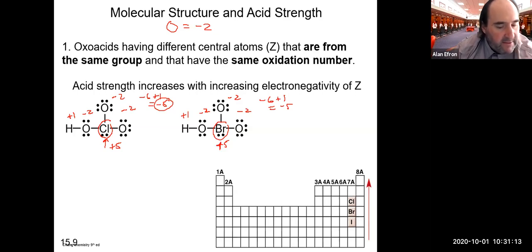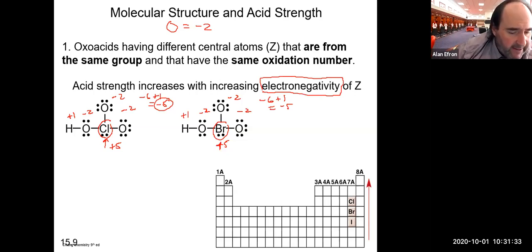So in this particular type of acid that has oxygen, we have two different central atoms, but they both have the same oxidation number. In that case, if they're in the same group, the overwhelming thing we should look at is the electronegativity of the central atom. In comparison of chlorine to bromine, chlorine is higher up on the periodic table, which means chlorine is more electronegative, right? Most electronegative is fluorine right there.